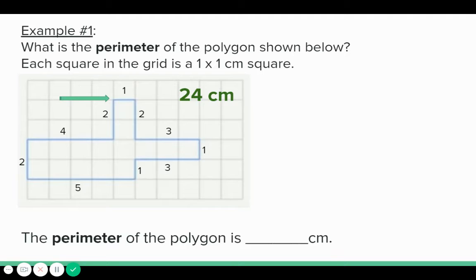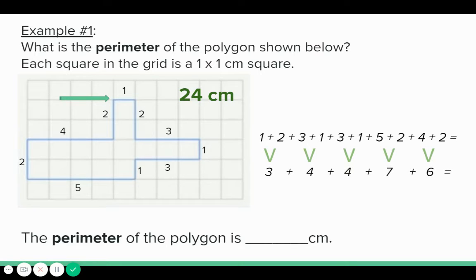And what I'm going to do with those numbers, which are the lengths of each side, is write an equation that is adding all the sides. Remember, it's a 10-sided polygon. So I'm going to add all 10 sides, and then group them to make the addition easier. That's 3 plus 4 plus 4 plus 7 plus 6. If you add all of those, the total is, of course, the same, 24 centimeters.